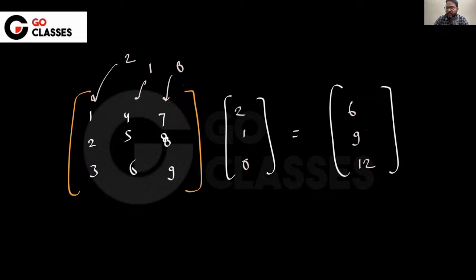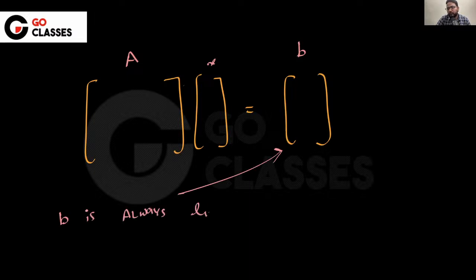So Yash, Subhadeep, and Akash have given the correct answer. What I actually want to convey is that whatever you have on the right hand side is always a linear combination of the column vectors of A. If this is A, this is X, this is B, then B is always a linear combination of columns.